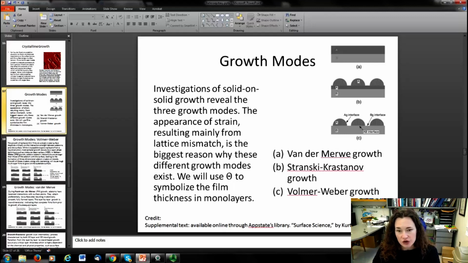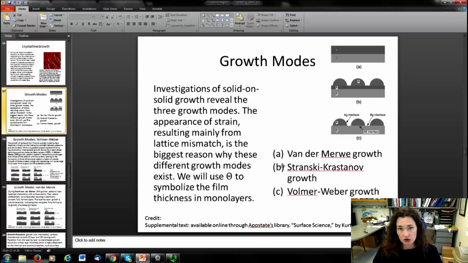And the appearance of strain, resulting mainly from lattice mismatch, is the biggest reason why you have these different growth modes. Now, in slides to come, I'm going to use theta to symbolize the film thickness in monolayers. So H is the film thickness, say, in units of distance, and theta is dimensionless, just the number of layers that have grown up. So, okay, get ready for that.